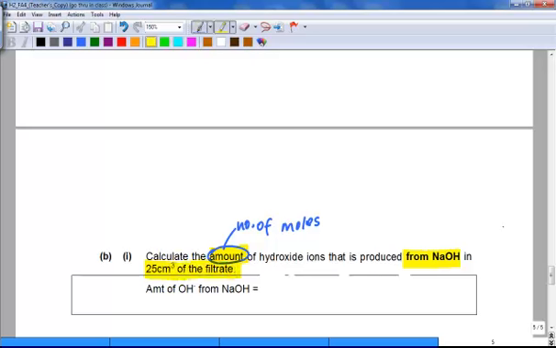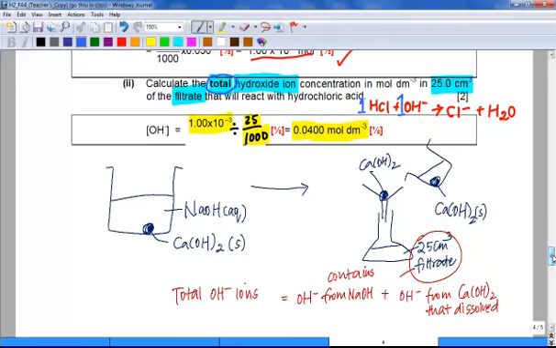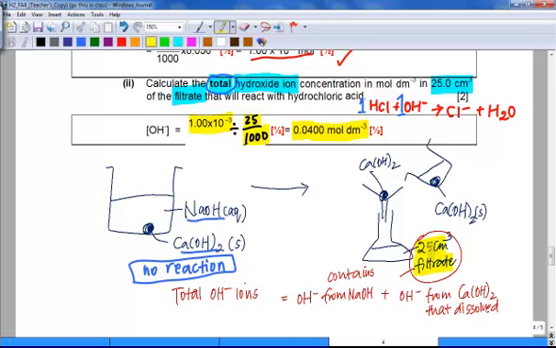Remember, just now we mentioned that when we mix NaOH and Ca(OH)₂, there is actually no reaction. So if we only want to focus on 25 cm³ of the filtrate, I can assume that the NaOH given to me is only 25 cm³. Because there is no reaction, I won't use up any of the NaOH, so the volume should remain the same.